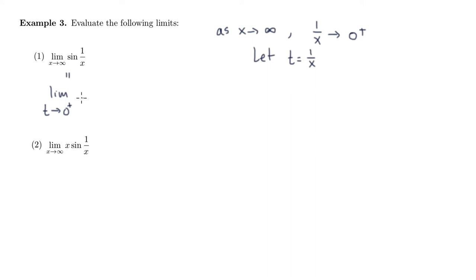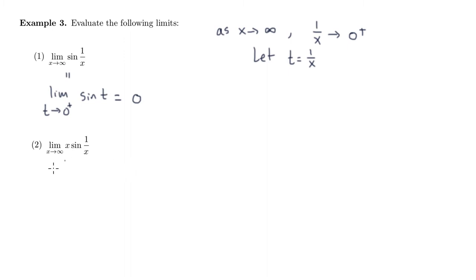So this is really just the limit of sine t. But this is a limit we talked about in the last lecture. This is just equal to 0. And again, I'm using the continuity here because really I'm just saying that t is going to 0, so then I can just evaluate sine of 0, which is 0.